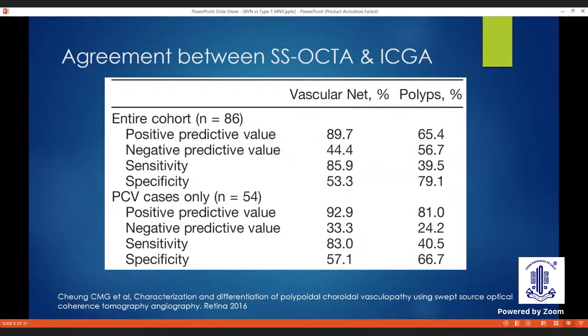However, there are certain cases which may not be picked up on ICG because the polyps are either ambiguous or because the patients have been treated and are not treatment naive. In treated eyes, the polyps might undergo regression, and when you want to later revisit the diagnosis, it may be a challenge to differentiate this PCV from typical AMD.